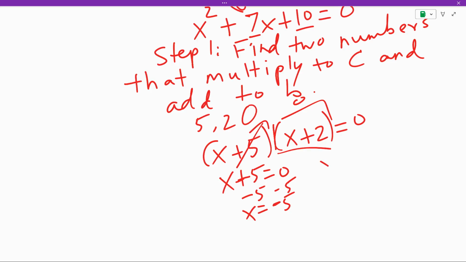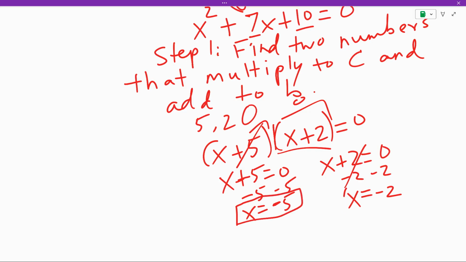For the right binomial, x plus 2 equals 0, subtract 2 from both sides and you get x equals -2. So the final solutions after factoring are x equals -5 and x equals -2.